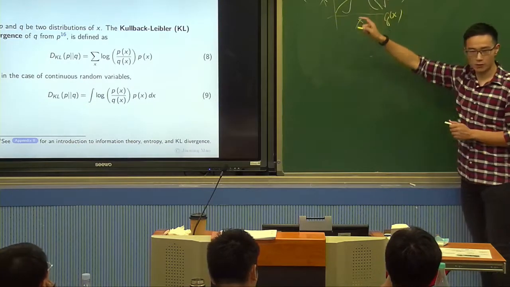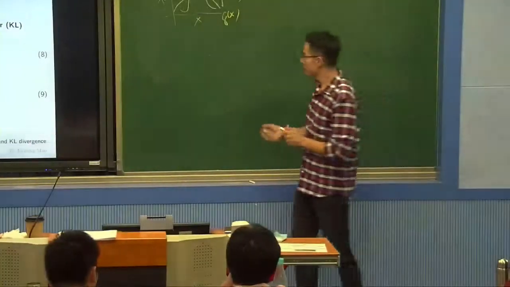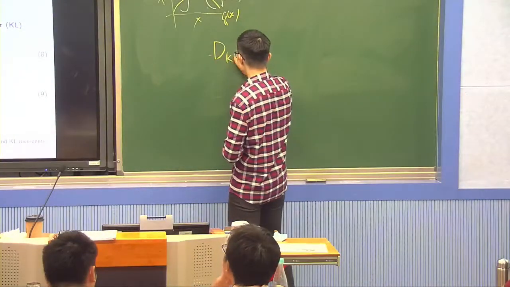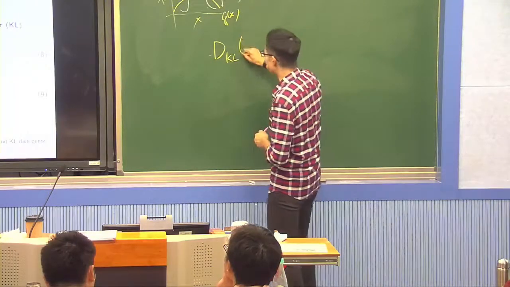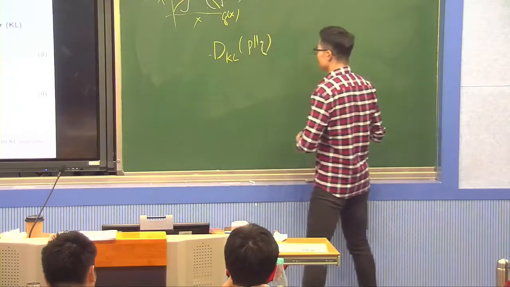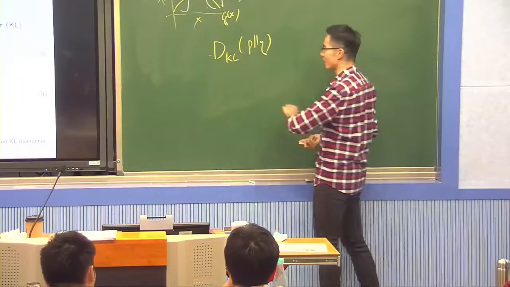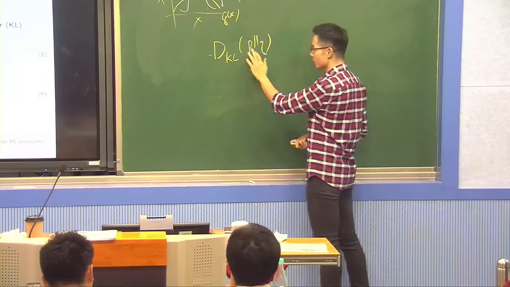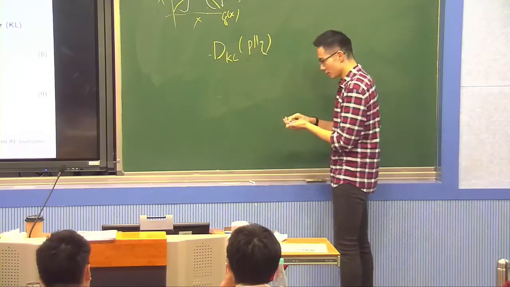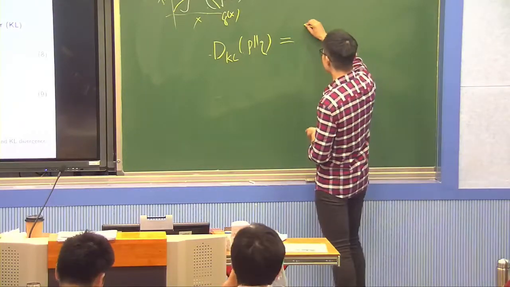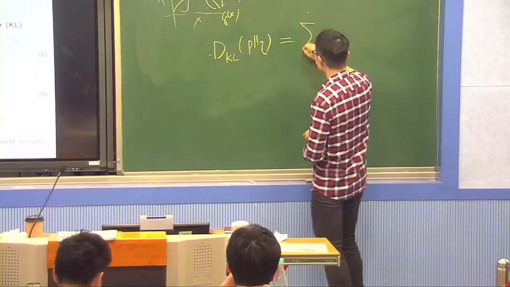How do we measure the difference between them? We use something called KL divergence. And the KL divergence is defined as this, D_KL. I would say P given Q. This is a fancy way of writing KL divergence. It basically means the difference of Q from the true P. P is the true one. Q is my hypothesis. And it's defined as, well, I will write the discrete case.